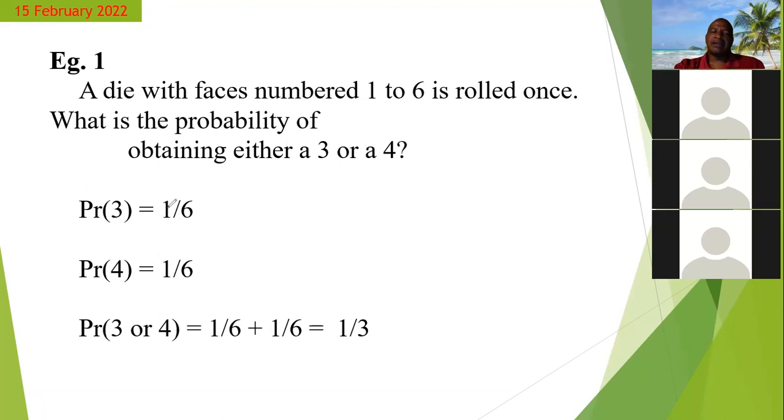So the probability of getting a 3 or a 4 is simply the probability of the 3 plus the probability of the 4. You add both probabilities, which is 1 over 6 plus 1 over 6. If you add 1 over 6 plus 1 over 6, you get what? 2 over 6. And when you cancel that down, 2 into 2 goes 1 time, and 2 into 6 goes 3 times.